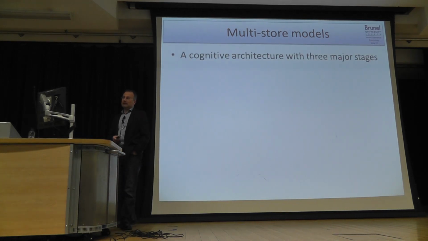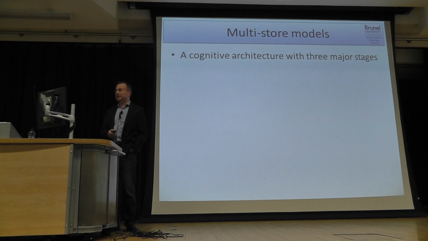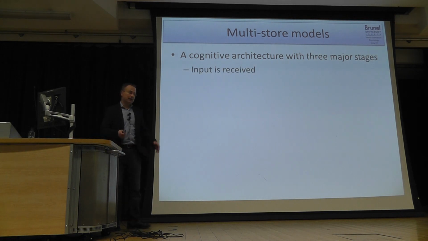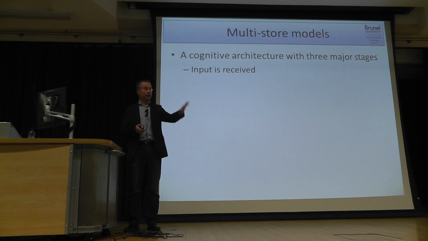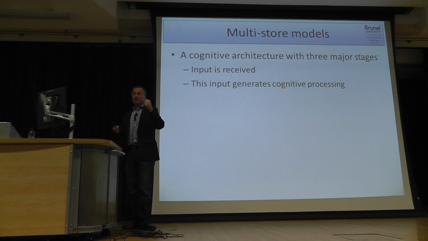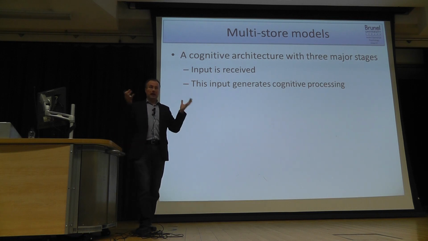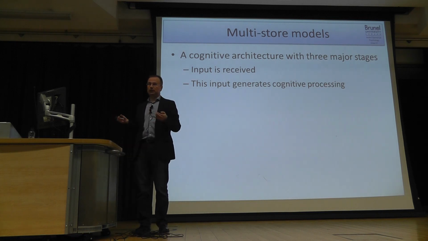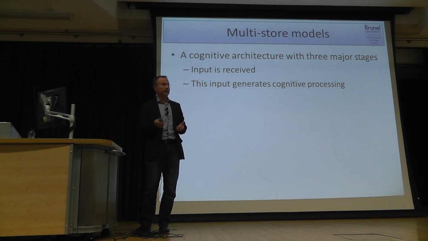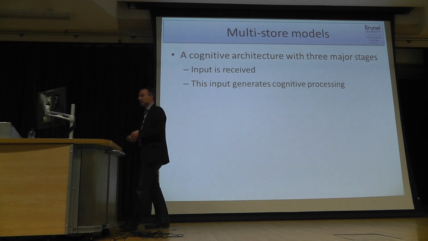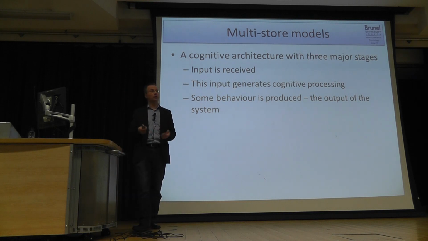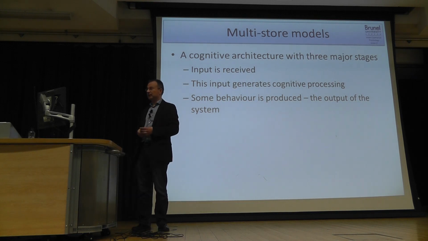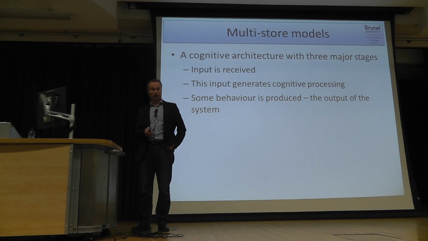Okay, so we have 3 major stages in that model. And as I said, it's a whole cognitive architecture, so it really starts from that we receive input from the outside world. Then this input generates some cognitive processing, for instance rehearsal, if we stay in the domain of memory. And then we produce some behavior based on this cognitive processing. And that's the output of the system.